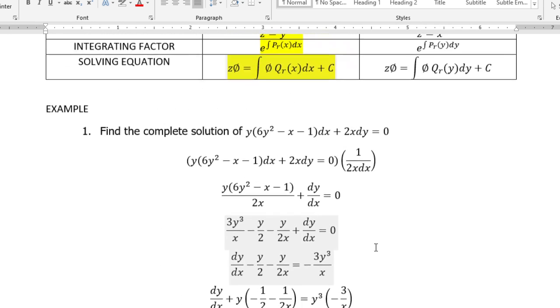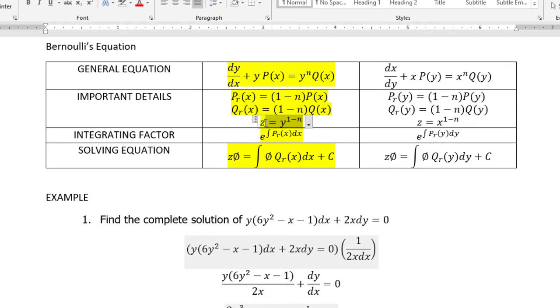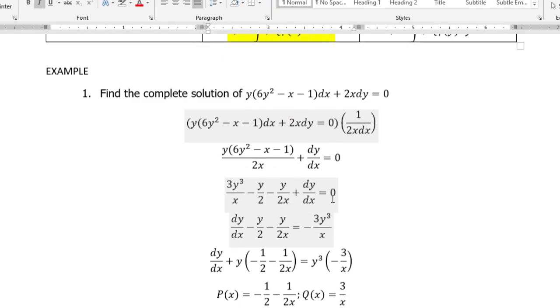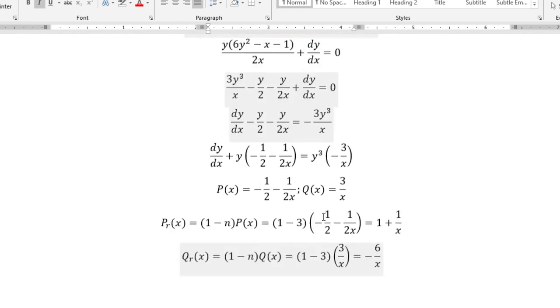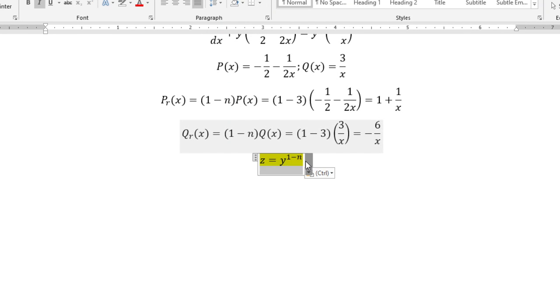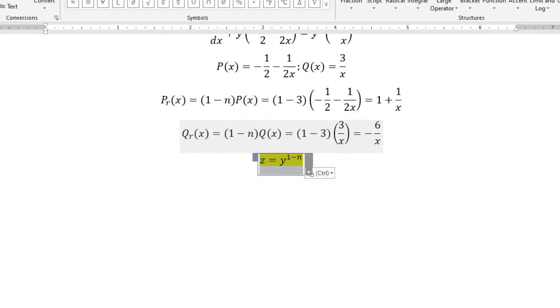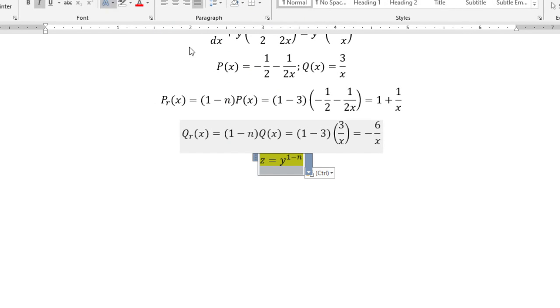And then, finally, kailangan natin kunin si z, which is y raised to 1 minus n. So, equal to y raised to 1 minus 3 or equal to 1 over y squared.